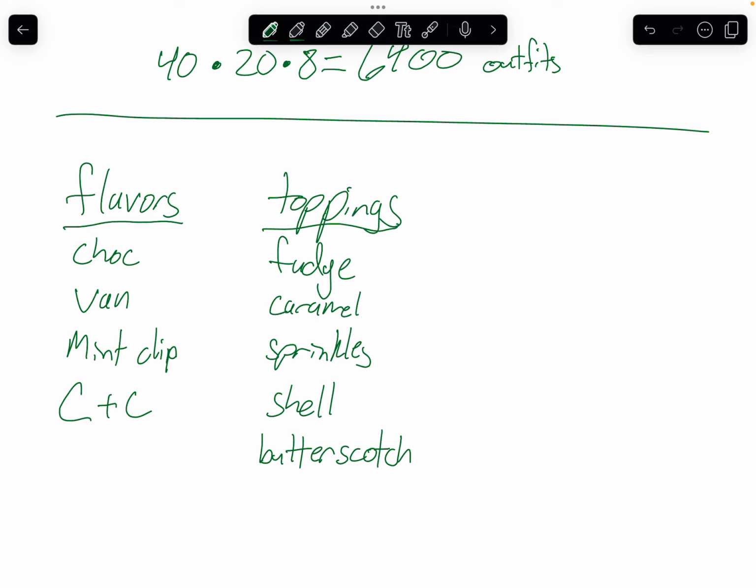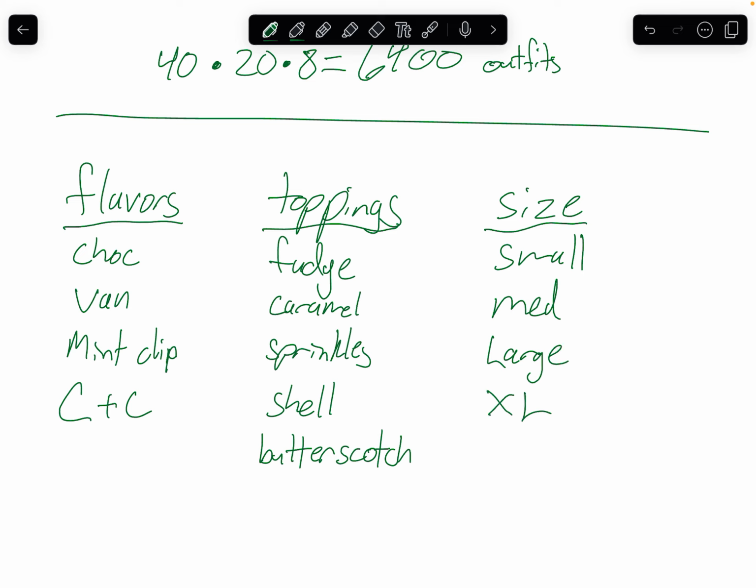Okay. And finally, we have size. We have small, medium, large, and XL.